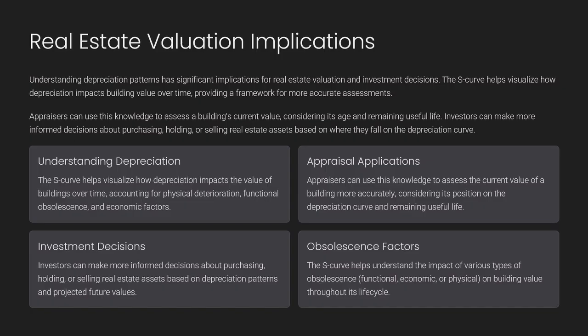You can use the data for calculating depreciation, you can make investment decisions, you can do valuation based upon the data you get from the S curve. And of course, obsolescence factors can also be determined by using this S curve.